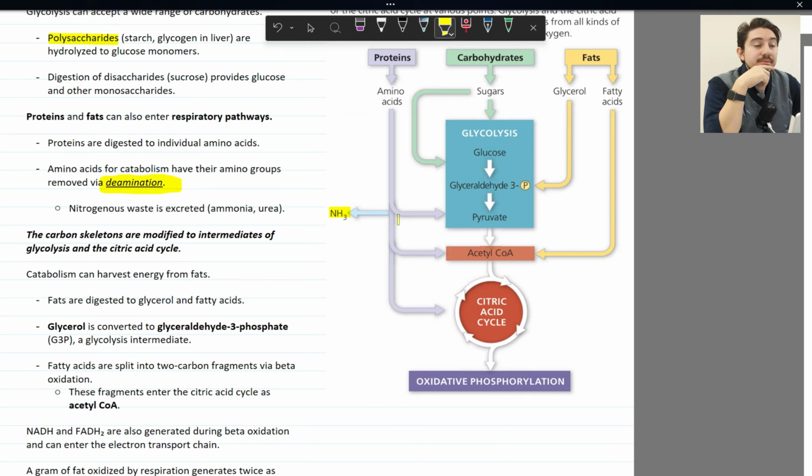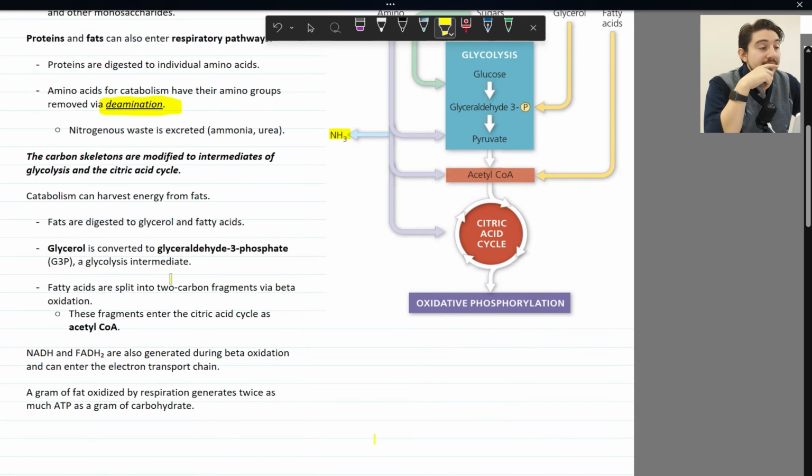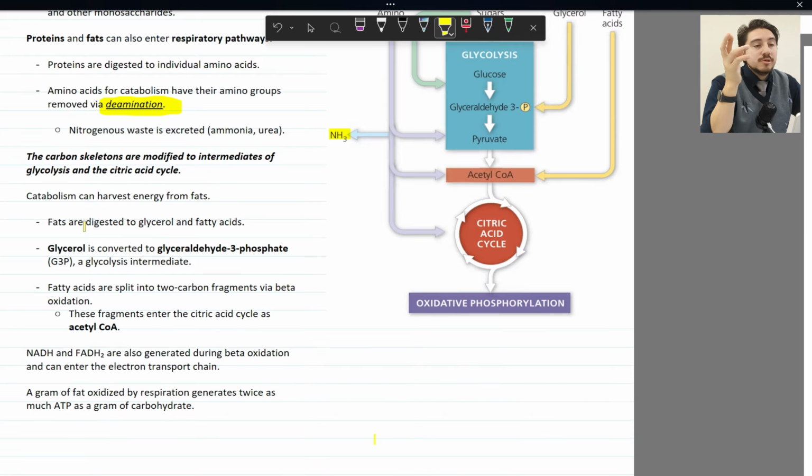And amino acids, as I mentioned before, can also be used as pyruvate, acetyl-CoA, or directly into the citric acid cycle, in terms of carbon skeletons, so not just to be used for ATP production, but also as a molecule in the process, right? So in catabolism, the carbon skeletons are modified to intermediates of glycolysis and the citric acid cycle.